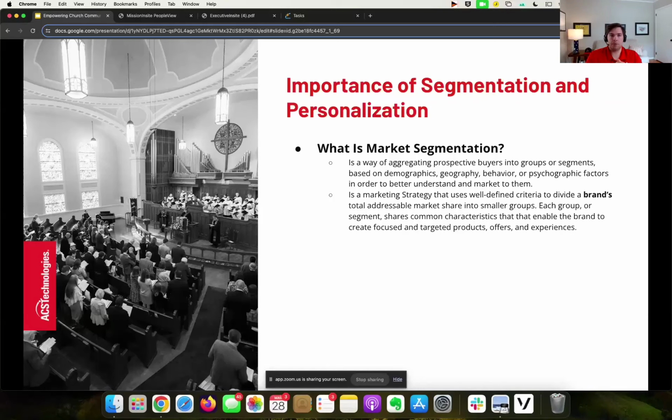Do we divide that up through ages? Do we divide that up by income ranges? Yeah, suspected income ranges, I would say. What are some common characteristics that we can use to focus and target your offerings and experiences as a church? I'm going to give you some practical examples though.